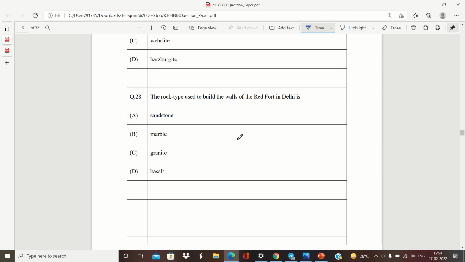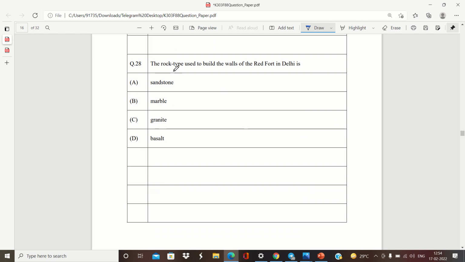Okay. The next question is about the rock type which is used to build the walls of Red Fort in Delhi. The Red Fort of Delhi is red because of the majority of feldspar present in the sandstone. So here the correct answer is sandstone. This sandstone has more orthoclase, so this is producing the red color.